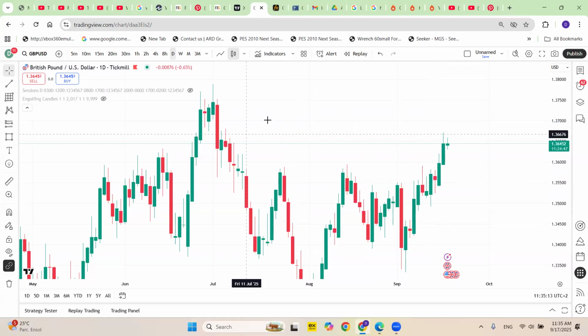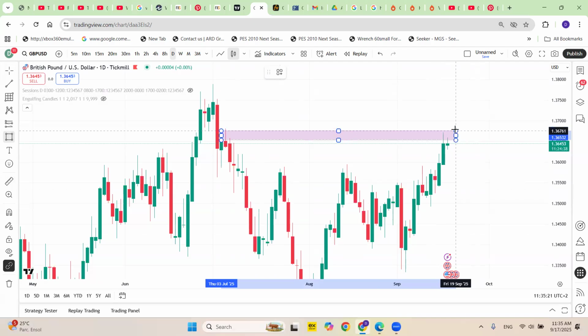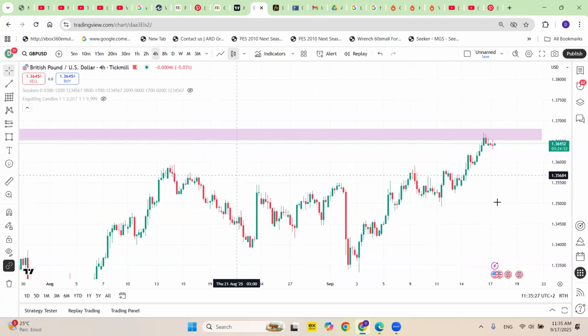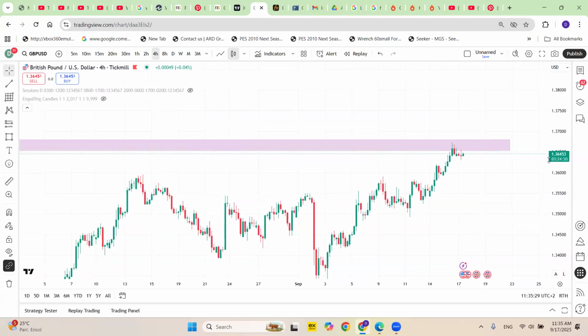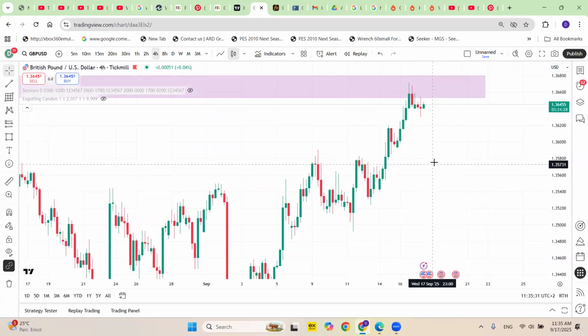Okay. Now, I'm looking for buy setups, but I'm expecting some reaction at this resistance level here. And then I go to H4 to see if I can find some setups. I have this blind spot here.